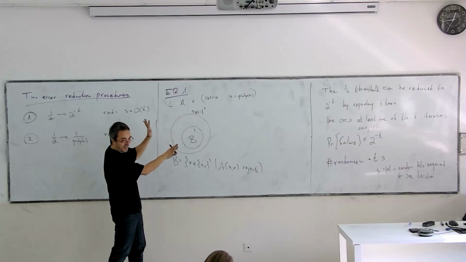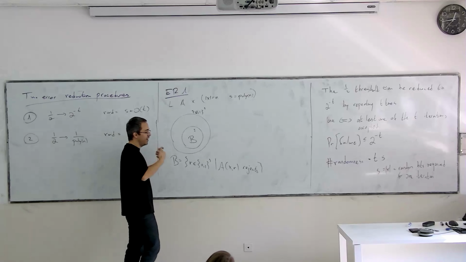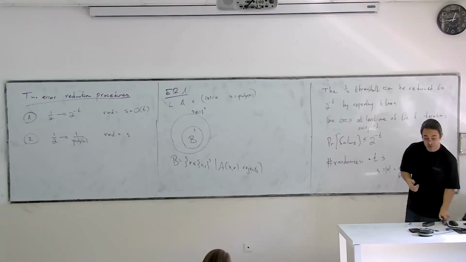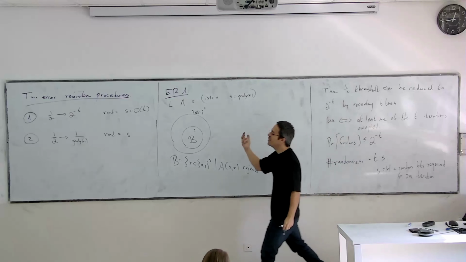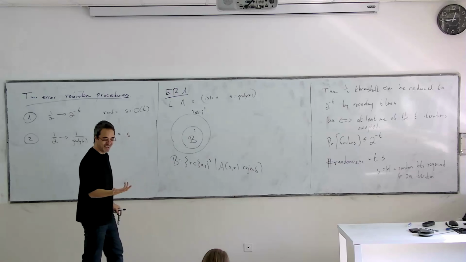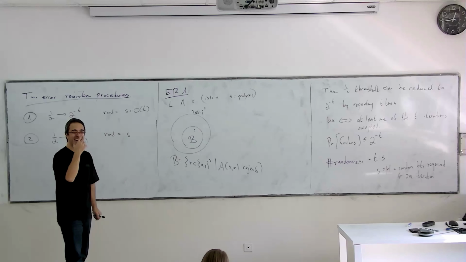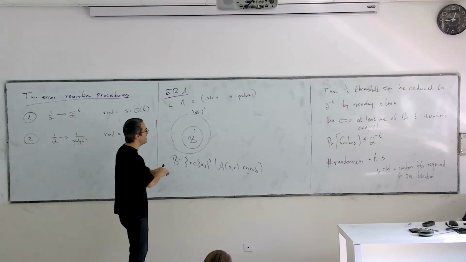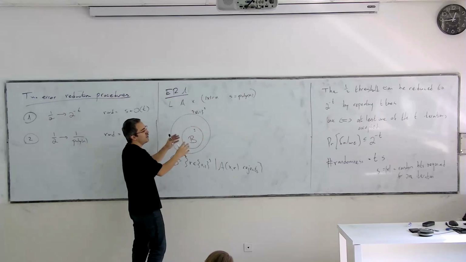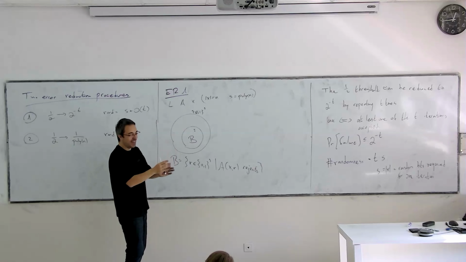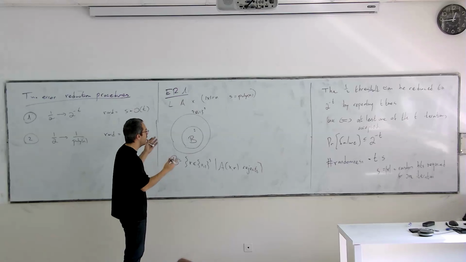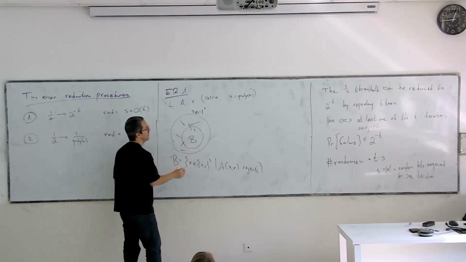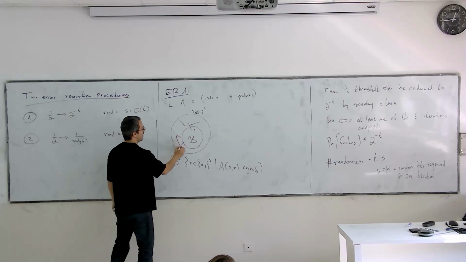But there is no expander here. What you do is you artificially put an expander. So what you do here is just a set of strings, random strings, 0, 1 to the S, no structure. But you just say, okay, I'm just going to put an expander here.